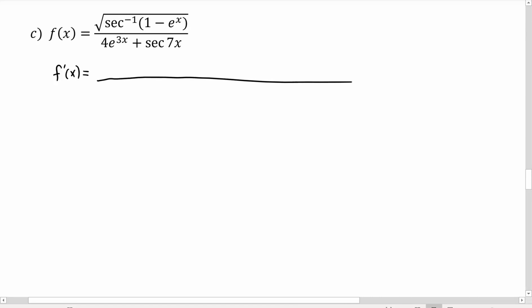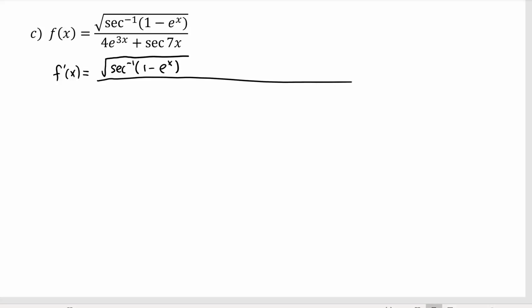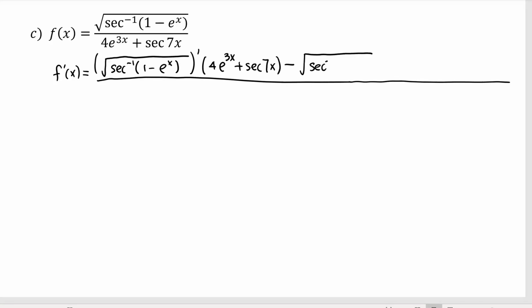It is the derivative of the first guy times the second guy, minus the first guy times the second guy's derivative.